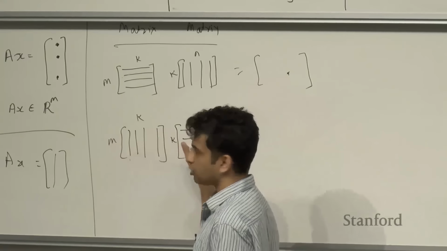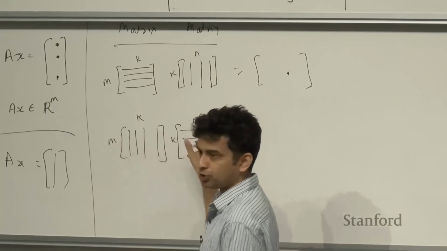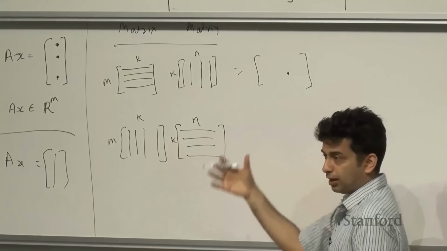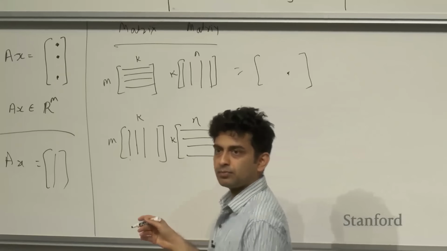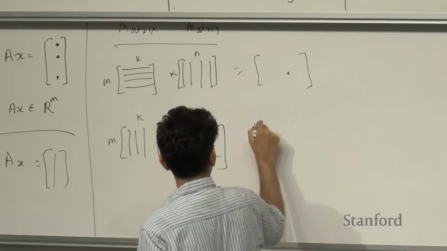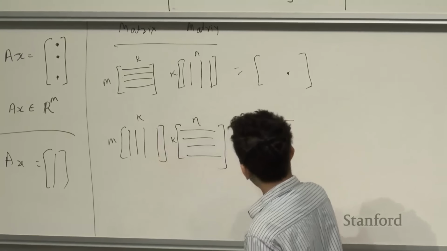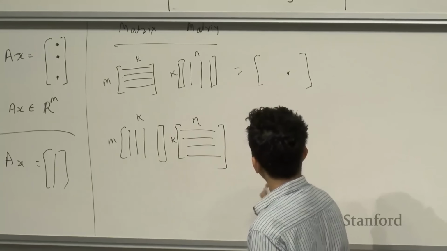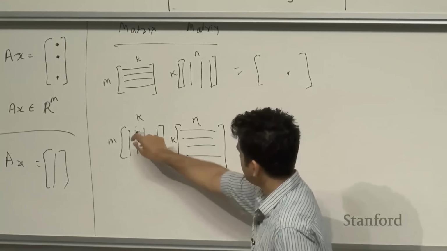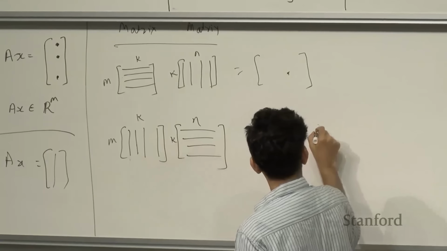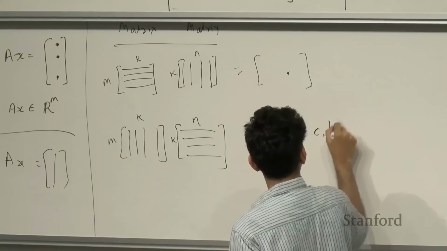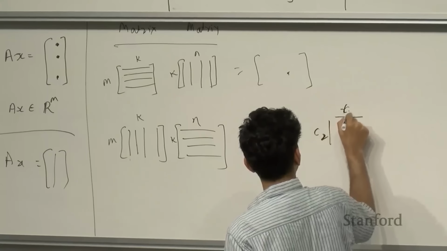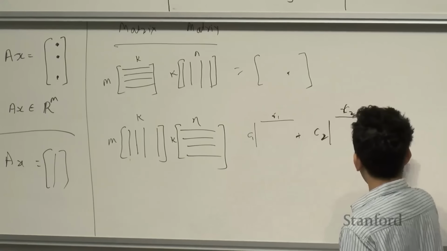So first column and first row, do the outer product, you get a rank 1 matrix. So this is column 1 from the first matrix and row 1, plus pick column 2 and row 2, and add k of them.